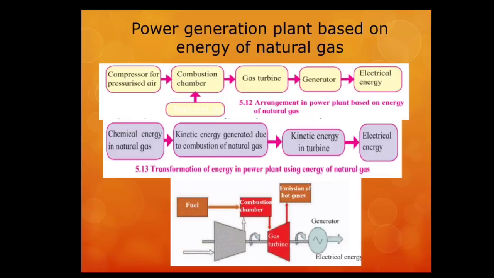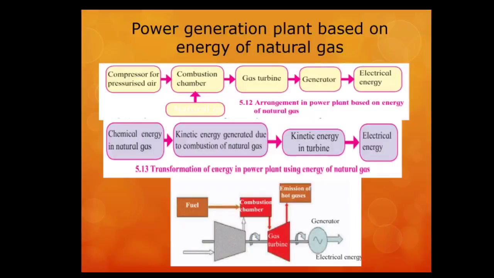The gas burns in presence of pressurized air and forms a gas of very high temperature and pressure. This high temperature gas is passed on to the turbine, which rotates and in turn rotates the generator, producing potential difference. The generator then produces electricity.